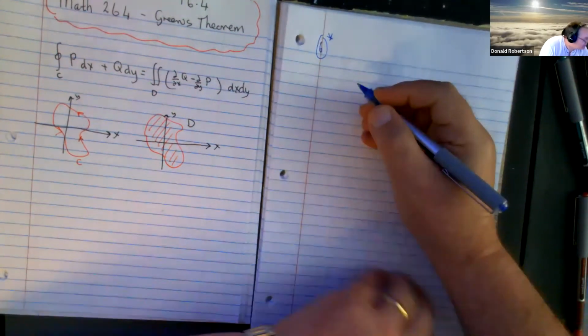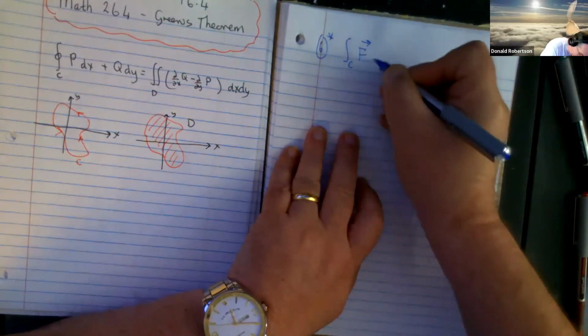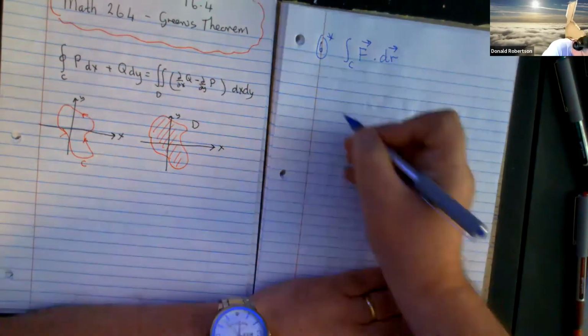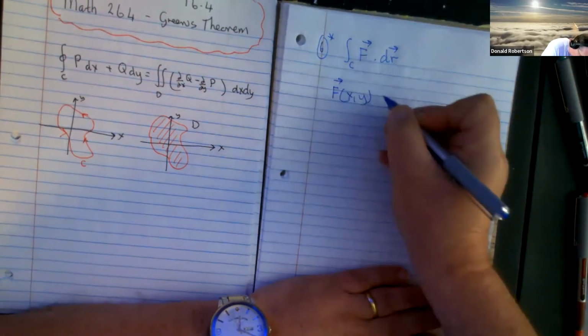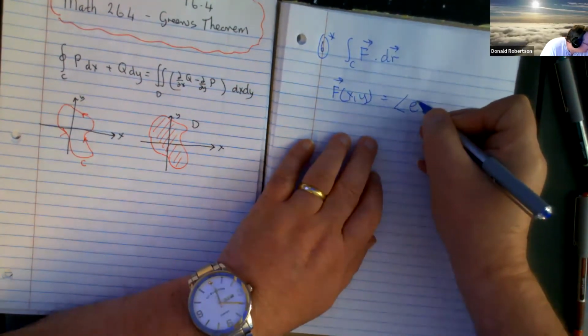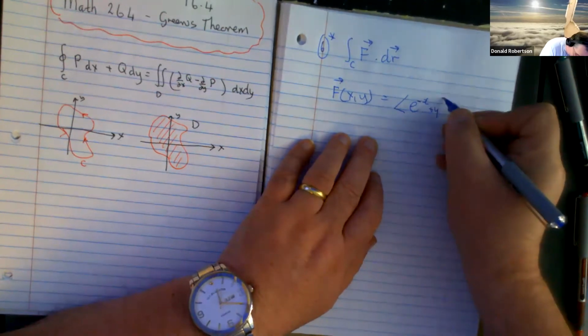A version of 6 is that guy, right? And we're being told that this guy is e to the negative x plus y squared.